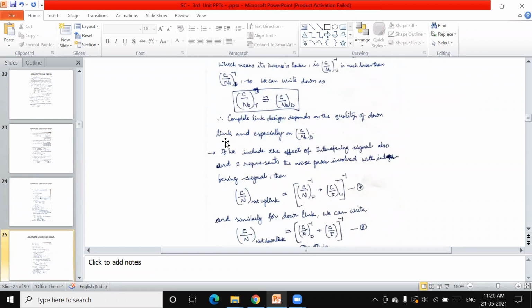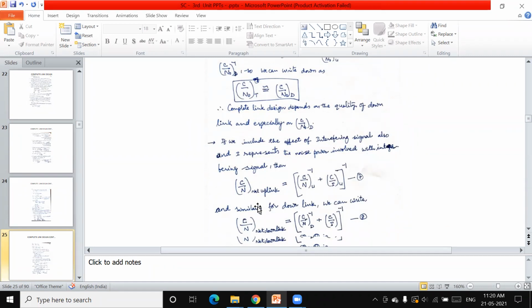Now in this signal, if an interfering signal is there, considering that the interfering signal is represented by capital I, the carrier to noise power spectral density, we are talking about the interfering signal involved here, C by N naught net uplink.